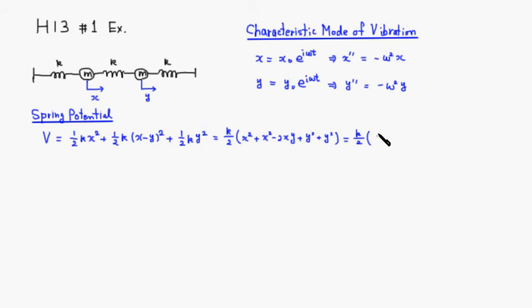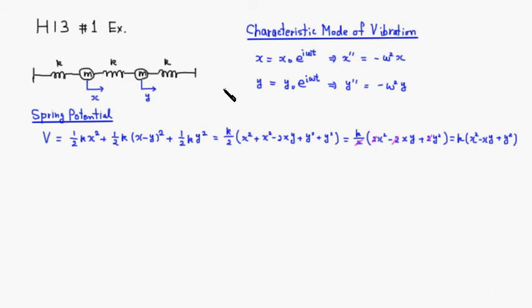So there are 2 x squared, then you have a minus 2xy, then you have 2 y squared. And everyone has 2, so I'm going to just go ahead and cancel the 2s. Then you get k times x squared minus xy plus y squared. So we have that.